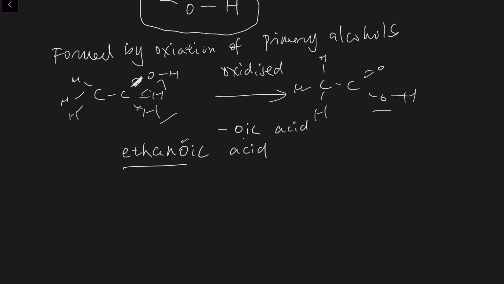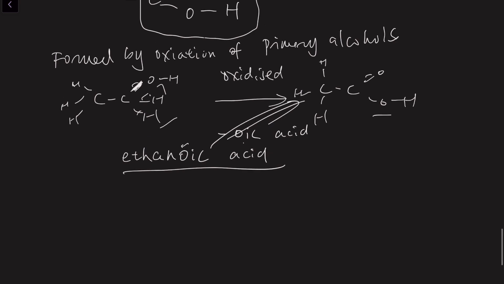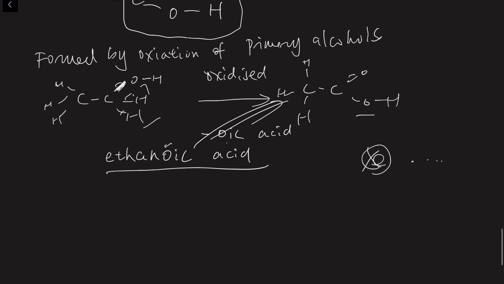So that's how you name this chemical species. I think it's the same for naming everything. The first thing you need to do is drop the E, and then you add whatever suffix is appropriate for this functional group. So for the acid it is OIC acid, for alcohol it is OL, and so on and so forth.